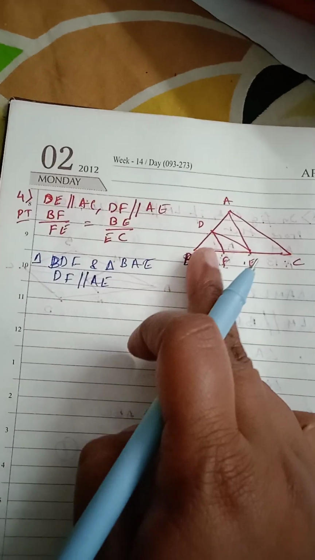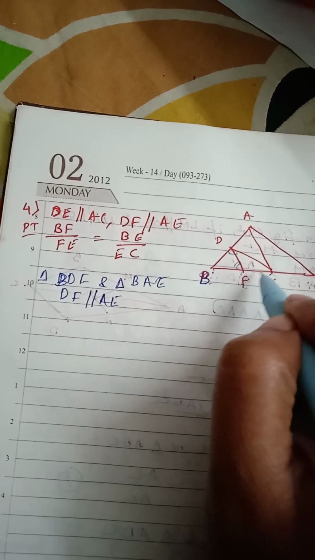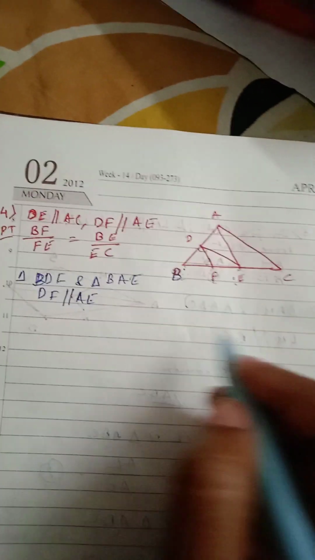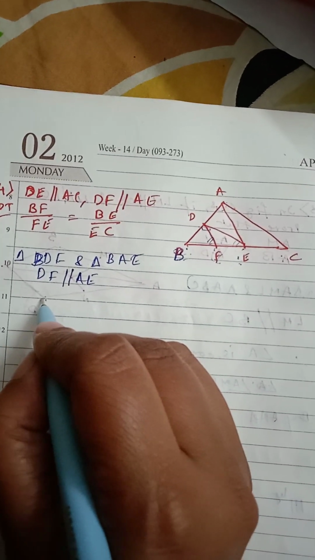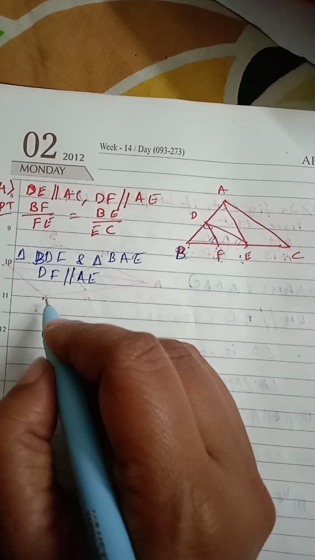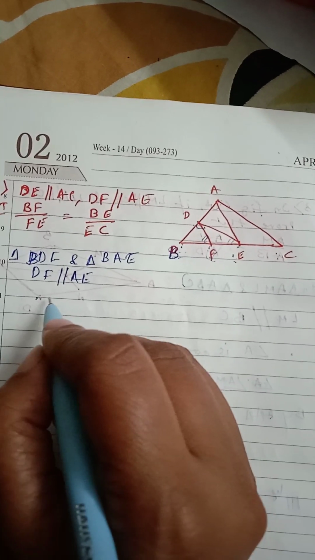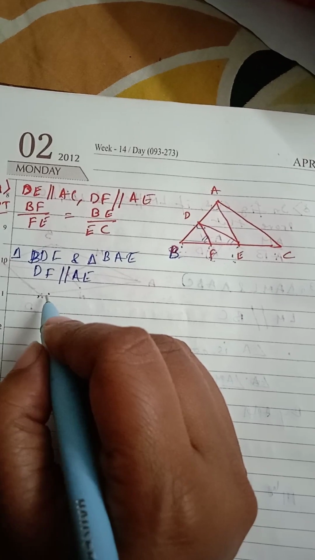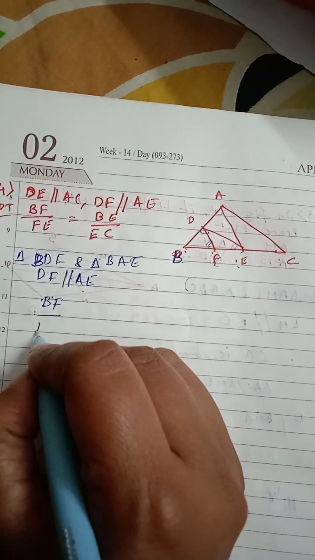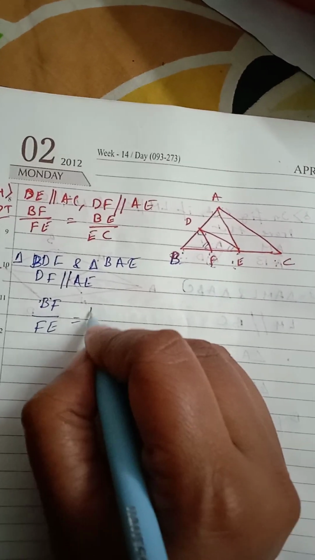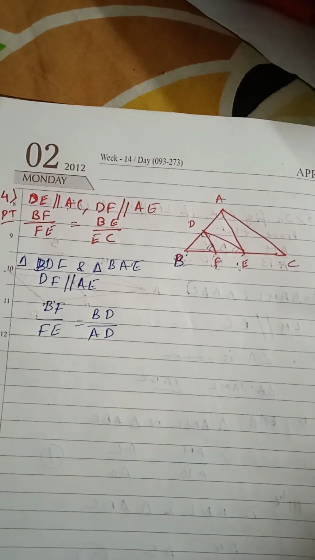So if these both are parallel, I will have this angle equal to this angle equal to this angle completely. So what will I have? I will have BF by FE equal to BD by AD, right?